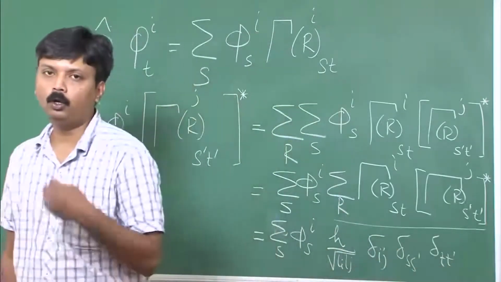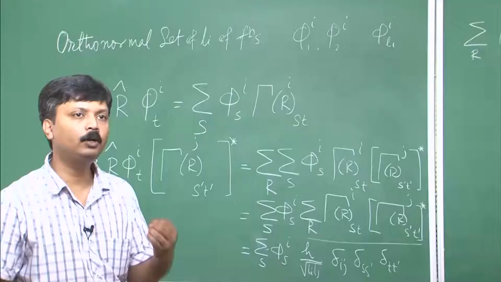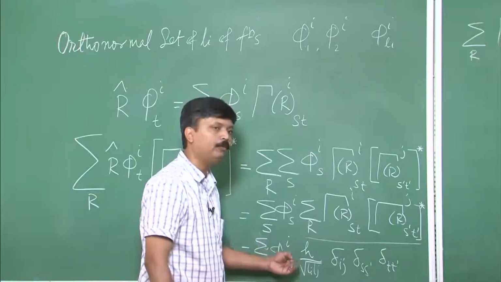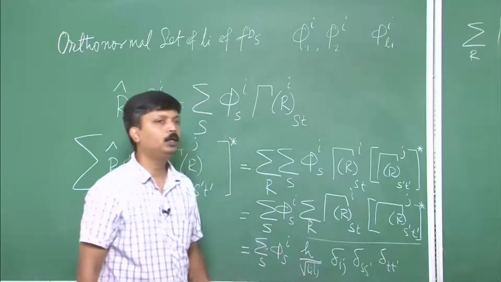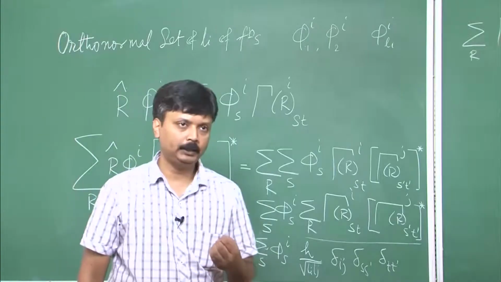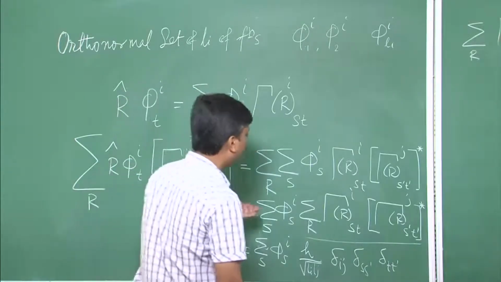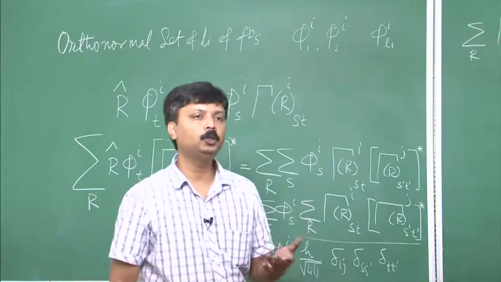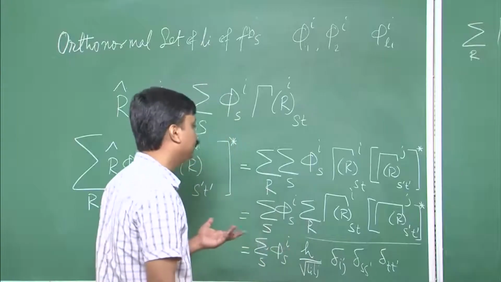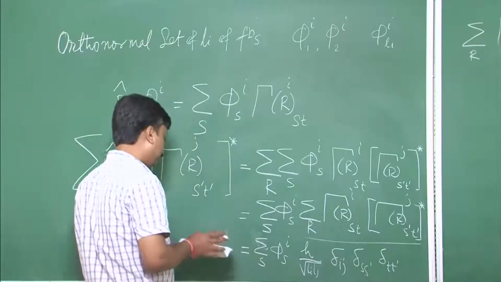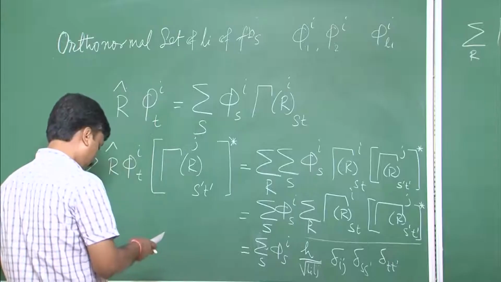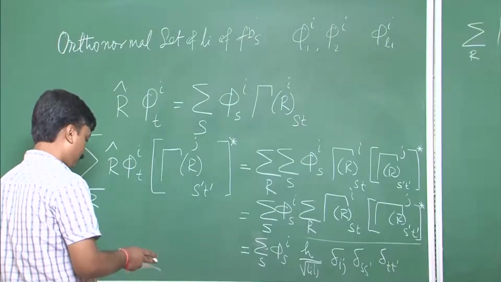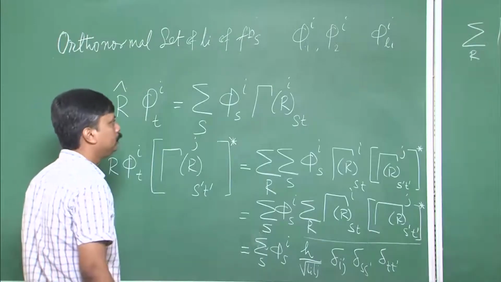Which means that not only does it have to be a particular function phi s prime in order to have non-zero value for this part, but also the two irreducible representations that we are considering here must be identical, meaning i equals j, and the other element also should be the same, that is t equals t prime. So therefore, if I consider all this, what I have is the following.